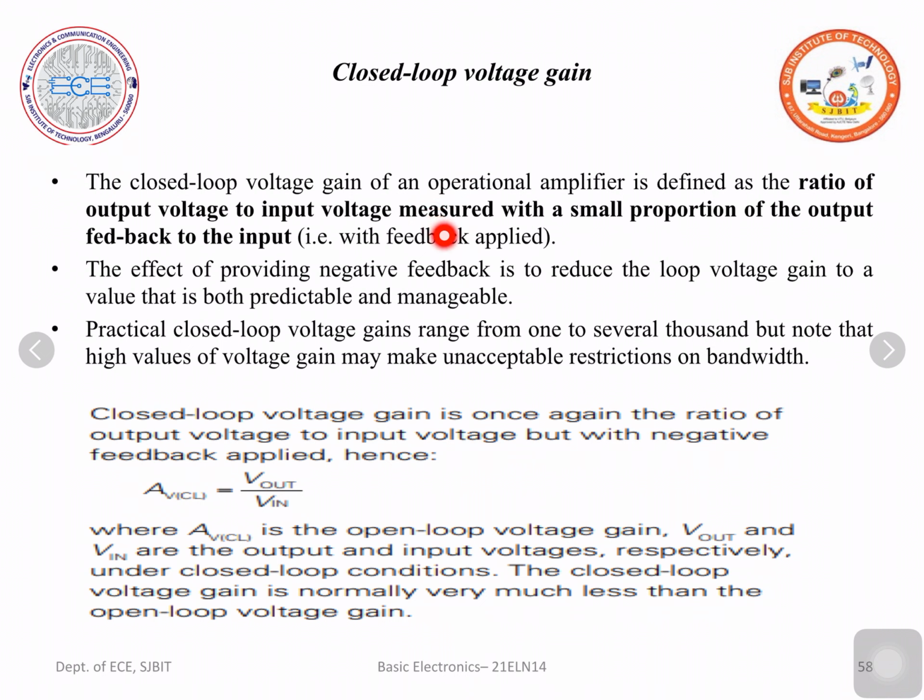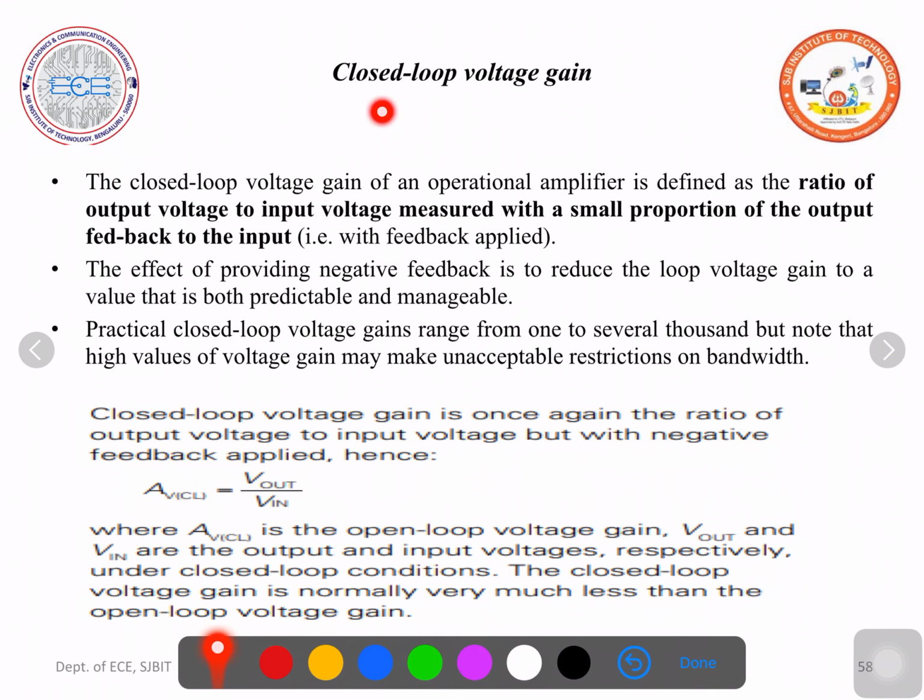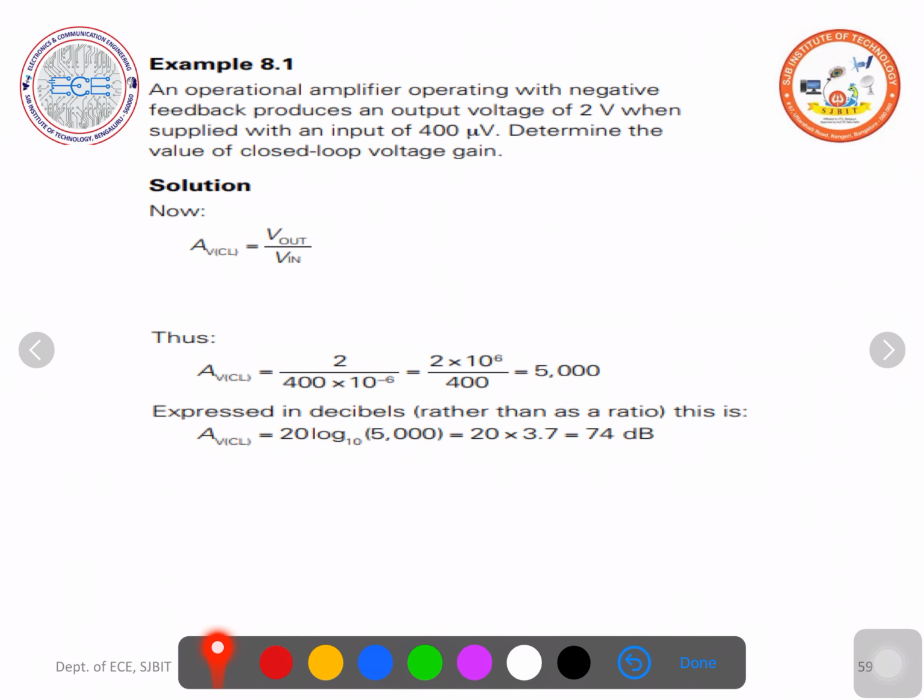The closed loop voltage gain is normally very much less than the open loop voltage gain. So the open loop voltage gain is very much larger than the closed loop voltage gain. To decrease the open loop voltage gain, we apply the feedback, so it becomes a closed loop, so the gain decreases. Here also you can express the gain in decibels by taking 20 log V out by V in.